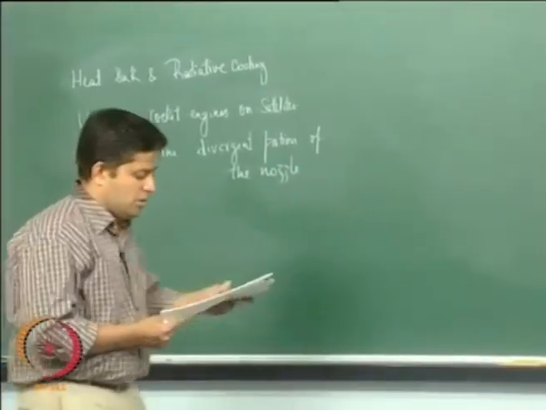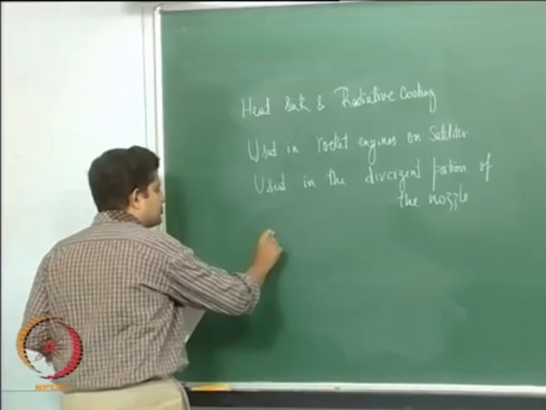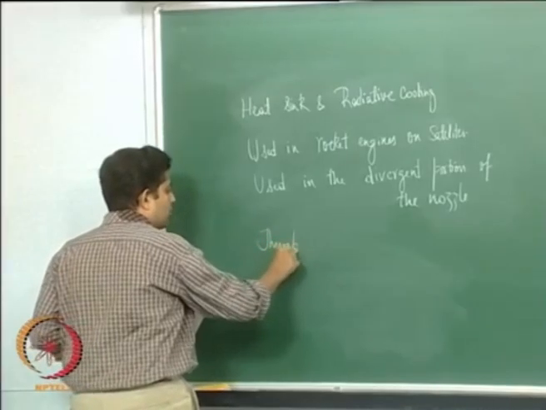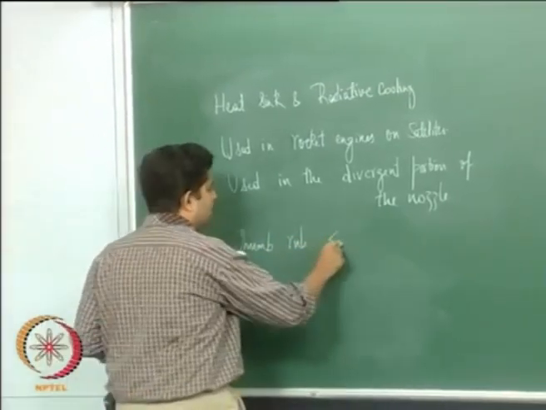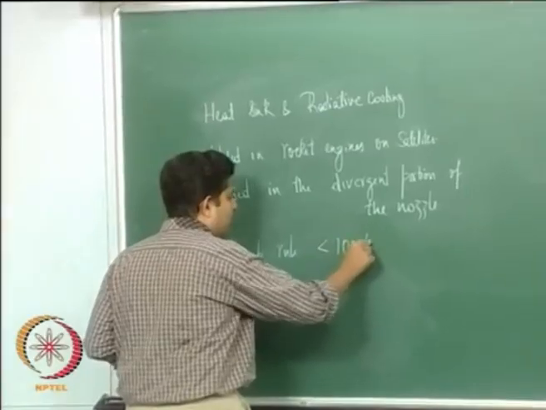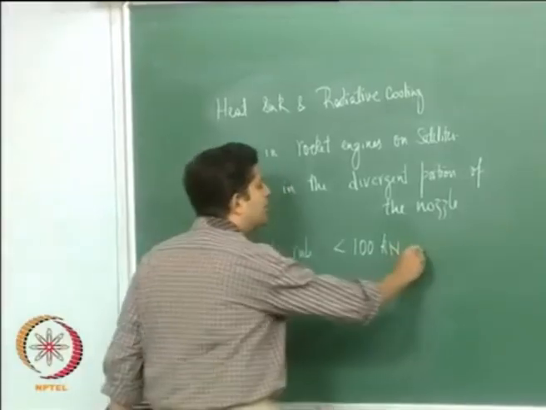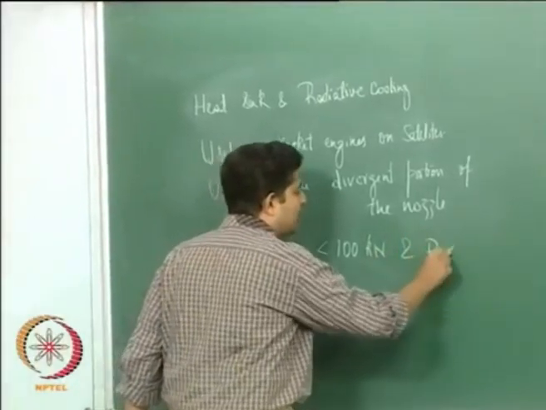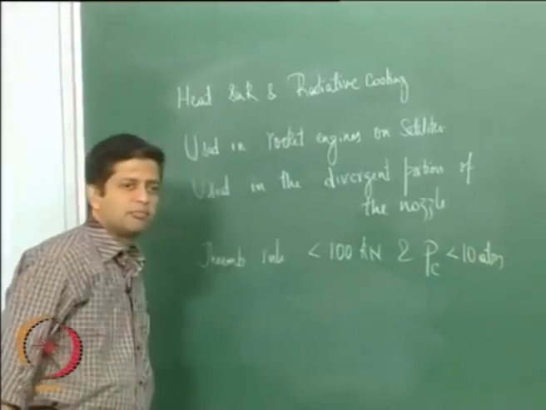As a thumb rule, typically this is used for motors with less than 100 kilonewton thrust and chamber pressures not exceeding 10 atmospheres.